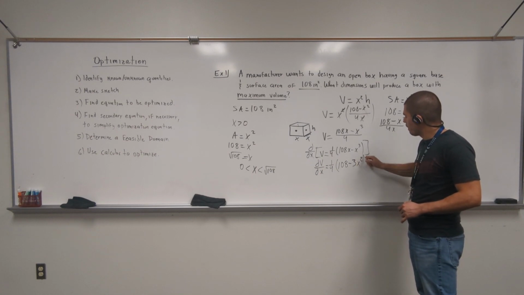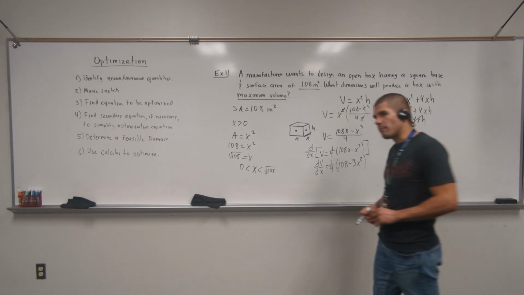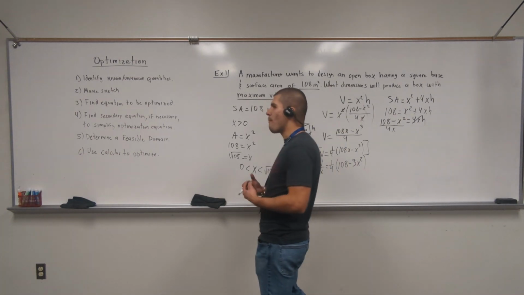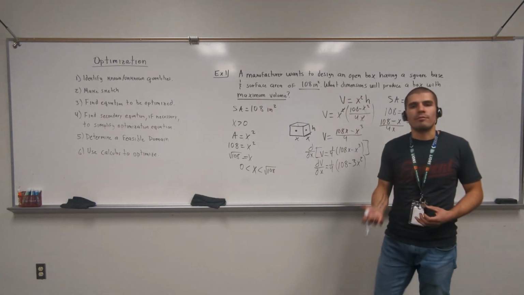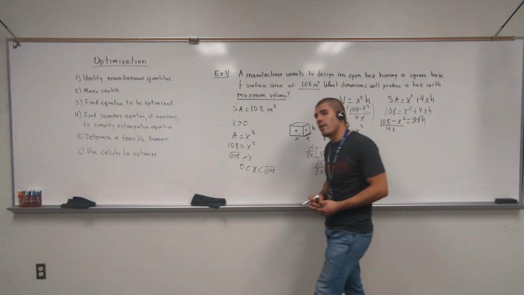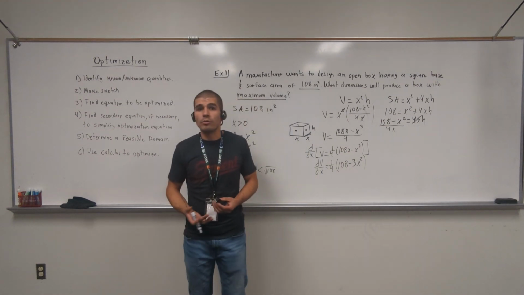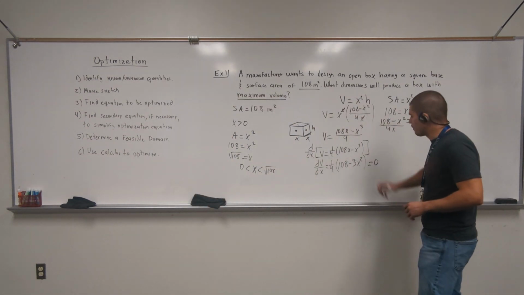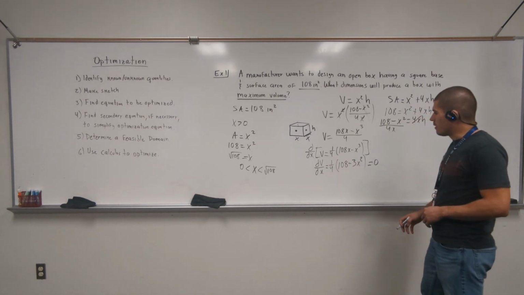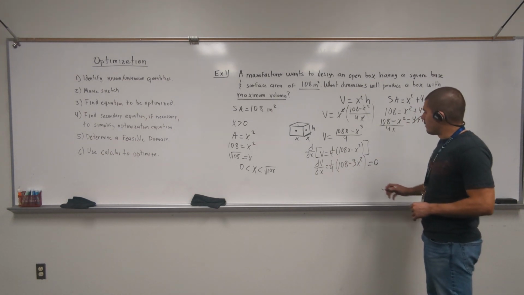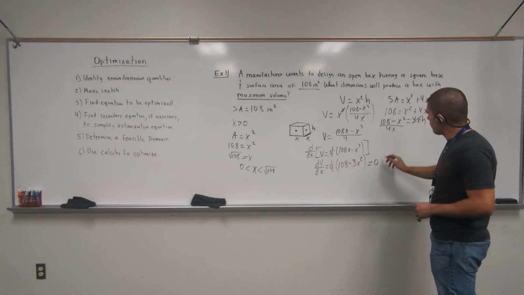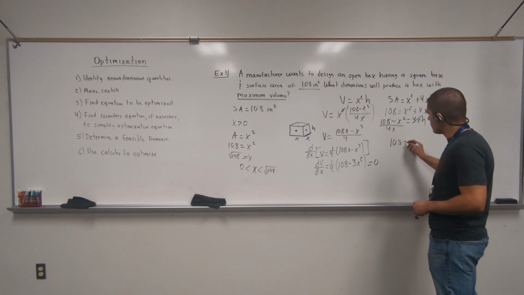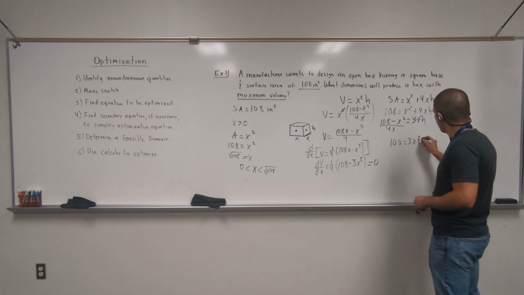Okay? Now, in order for me to maximize something, remember from previous chapters, I will need to figure out critical numbers, which is where your slope is equal to 0. So I need to figure out where this is equal to 0, okay? The 1/4 is gone, I can multiply it out, and then I can add 3x squared, so that will give me 108 is equal to 3x squared.